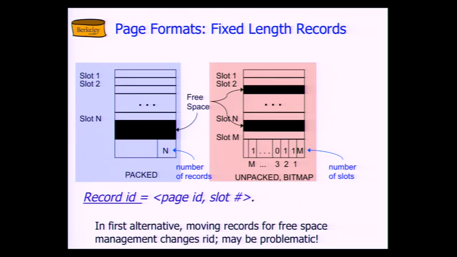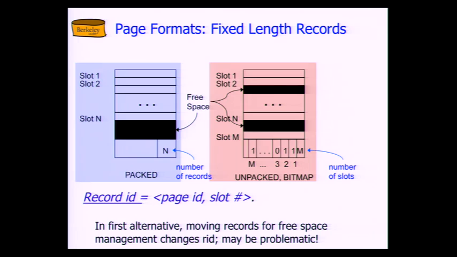And so it's kind of annoying if you move them around, you have to fix all the inbound pointers to these things as you move them around. So there's some motivation to use the thing on the right, so that when you allocate a tuple on a page, that is its name, and it will stay its name until you do something radical like reorganize the entire file. Okay? So it's often nice not to have a packed representation, but to have an unpacked representation, because then record IDs remain fixed.